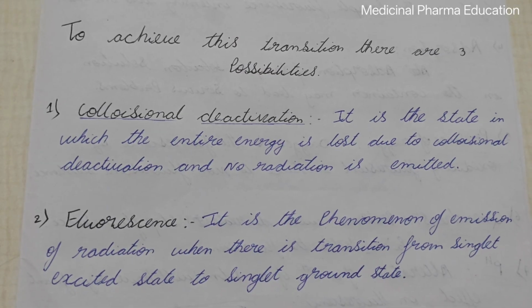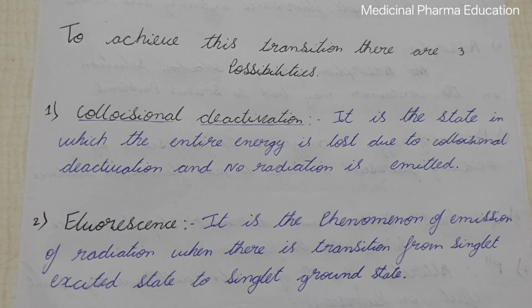First, collision deactivation. It is a state in which the entire energy is lost due to collision deactivation and no radiation is emitted. See, in S2 the energy is not transferred to the ground state. The energy is lost due to collision deactivation in S2.